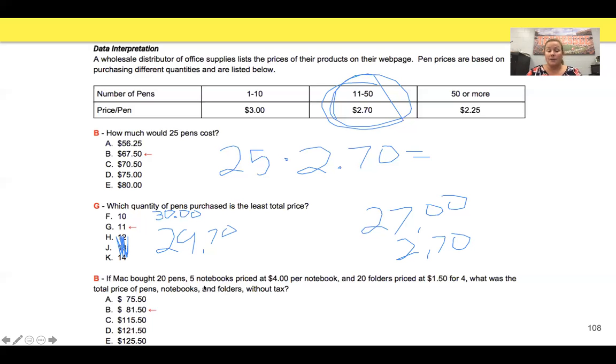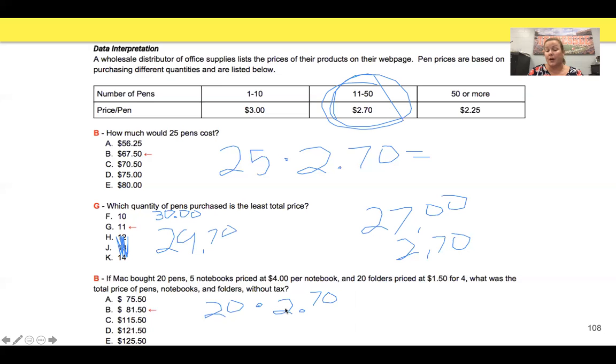Now then the last one here, if Mac bought 20 pens, 5 notebooks, all that, without tax, how much would he pay? So if we have 20 pens, again, we're looking in this second category here. So 20 times $2.70. Now again, I'm without a calculator. I do things differently.